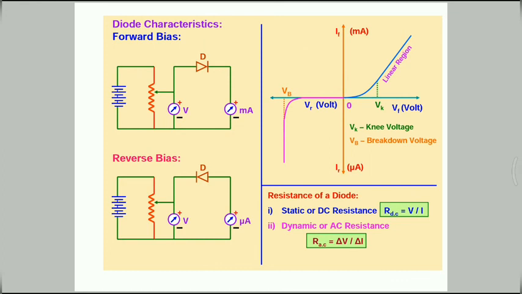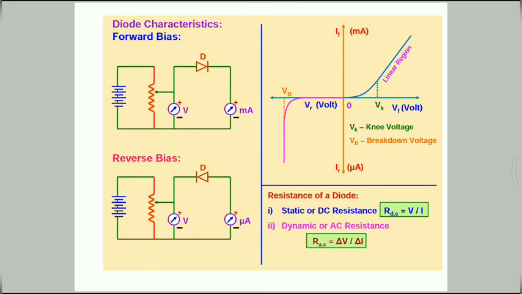Therefore, the small reverse current remains almost constant over a sufficiently long range of reverse bias, increasing very little with increasing voltage. This reverse current is voltage independent up to a certain voltage known as breakdown voltage, and this voltage independent current is called reverse saturation current.